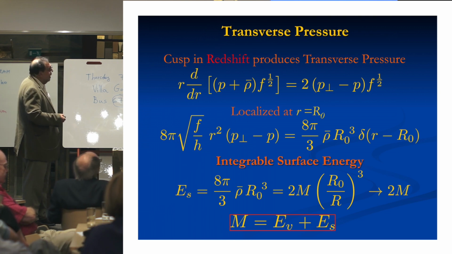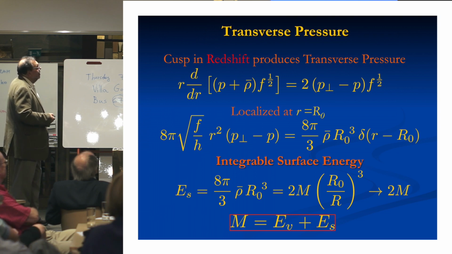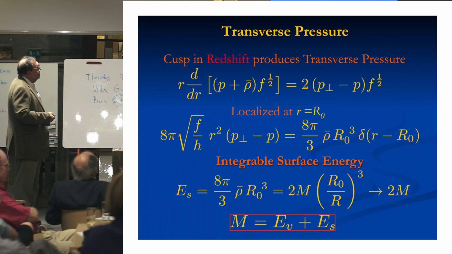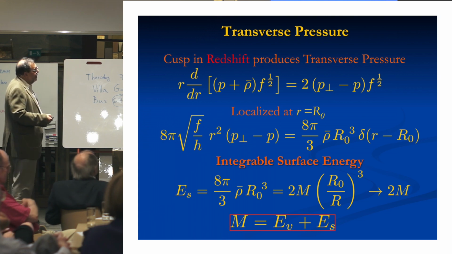So however you look at it, when you look at the discontinuity in the derivatives of the surface gravity, that leads to the conclusion that you cannot maintain isotropic P, all the P's equal to each other, but the transverse P has to be different from the radial P. And the difference is just localized at one point, which is where this cusp is, by the discontinuity in derivatives.